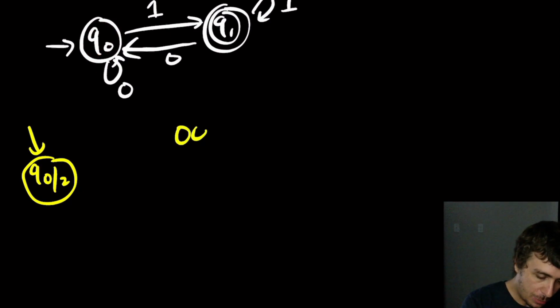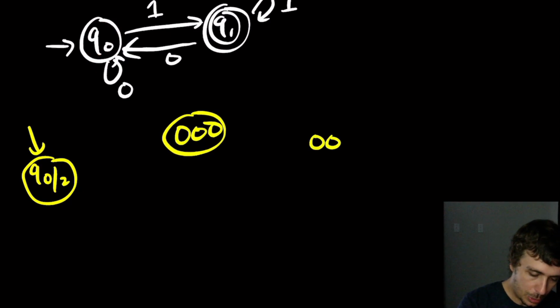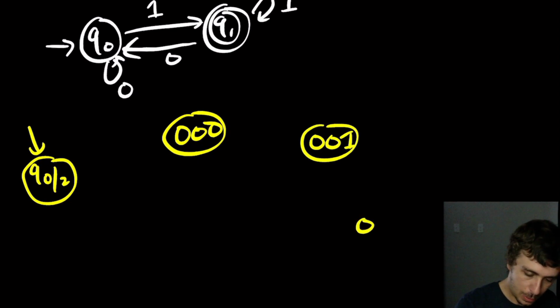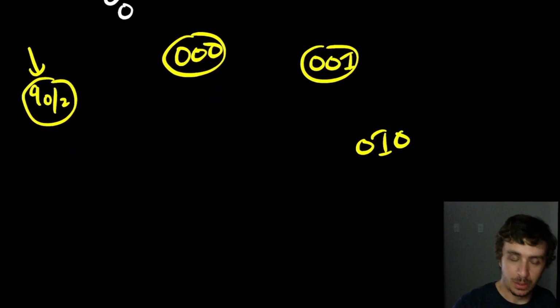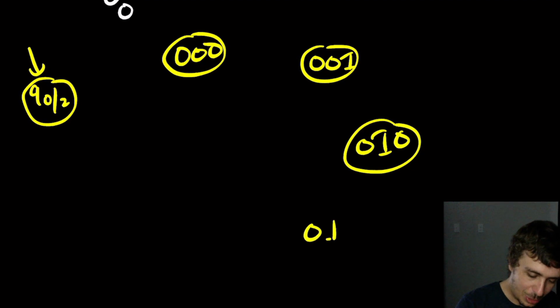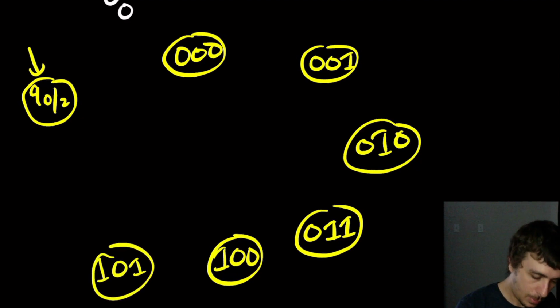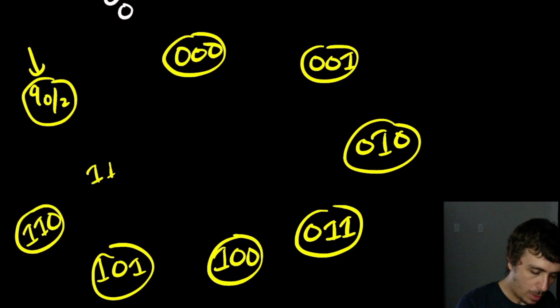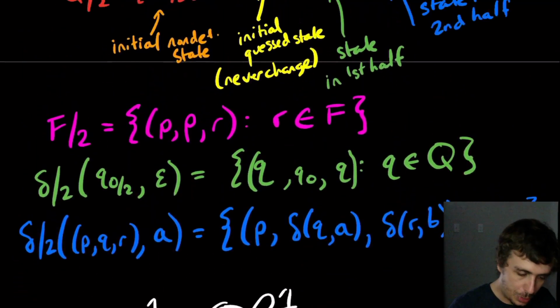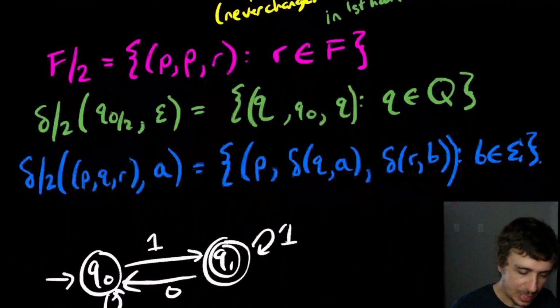So I'm going to have 000, 001, 010. Oh, this is going to be horrible. 011, 100, 101, 110, and 111.